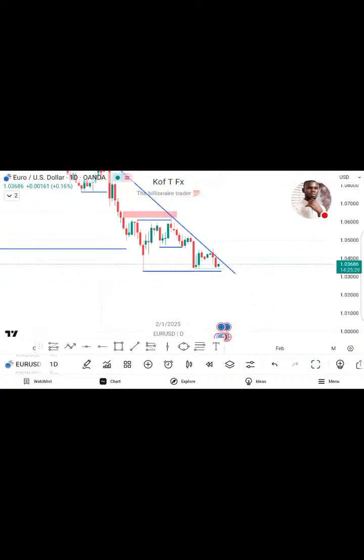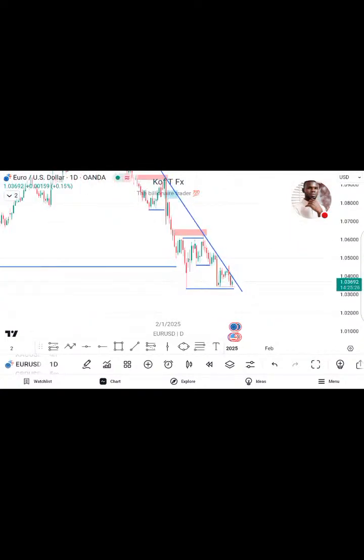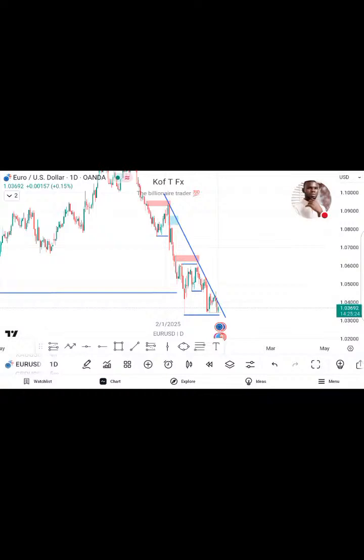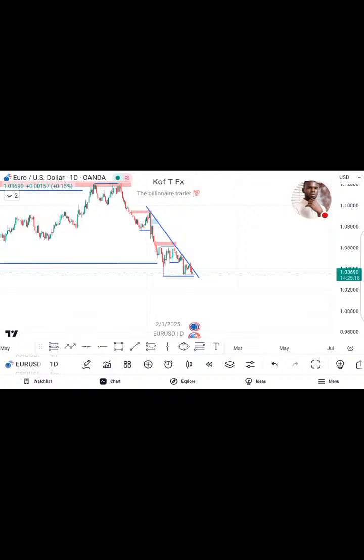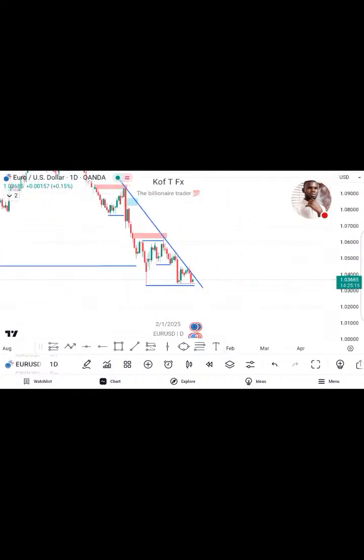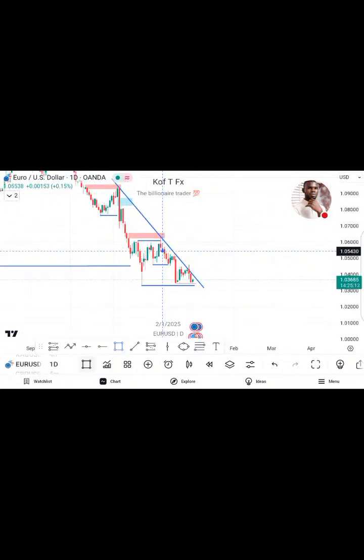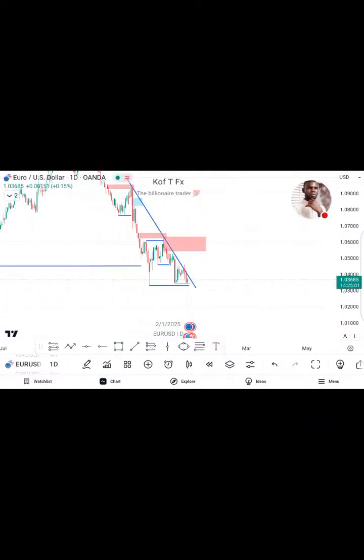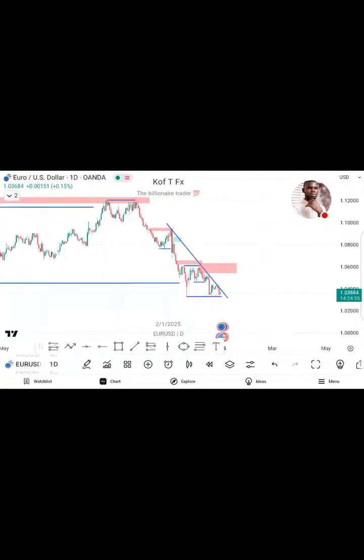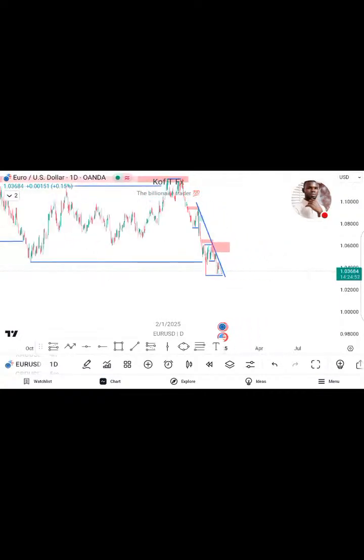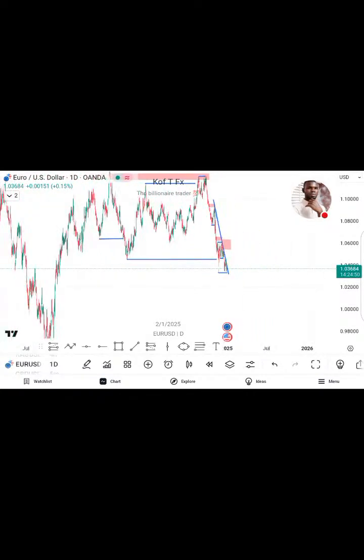So if price should break that trend line, then I'll be looking out for a tendency for price to come to somewhere around here, using SMC and my understanding of the market. Although for price to break this kind of trend line on a daily time frame, it will mean a strong reversal. Yes, it will mean a strong reversal.